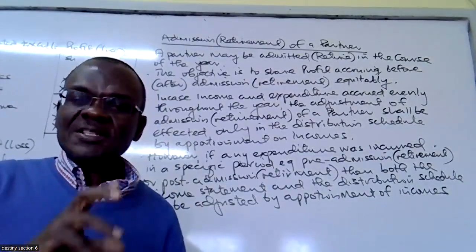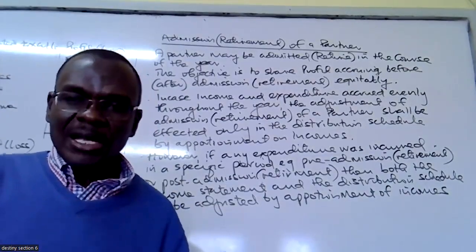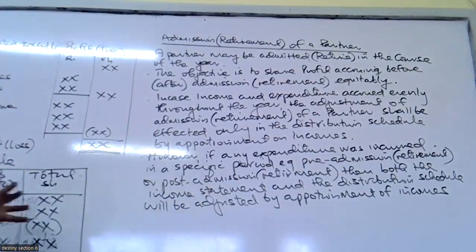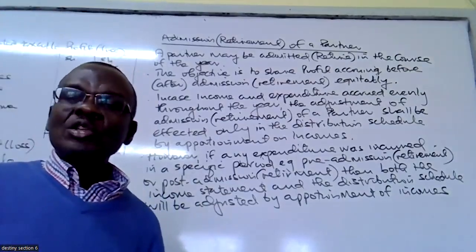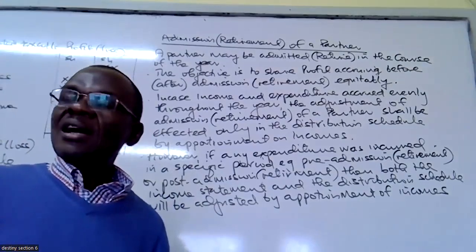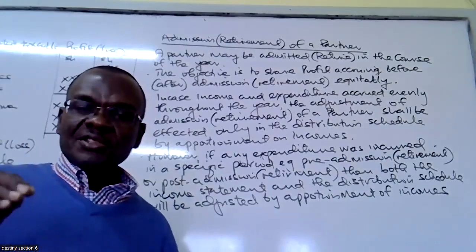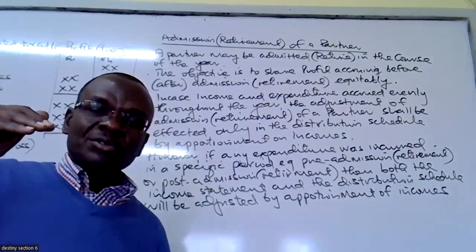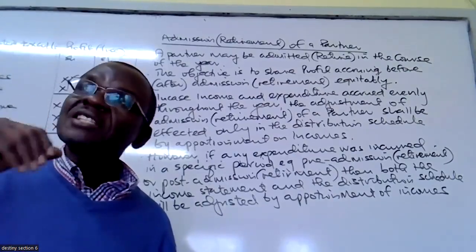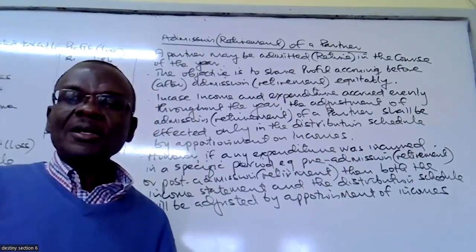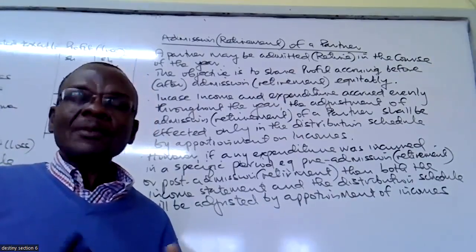You make your adjustment for the distribution schedule, and you will split the incomes. For example, interest on capital will be split between the period before and after admission, salaries before and after admission, and so on and so forth.